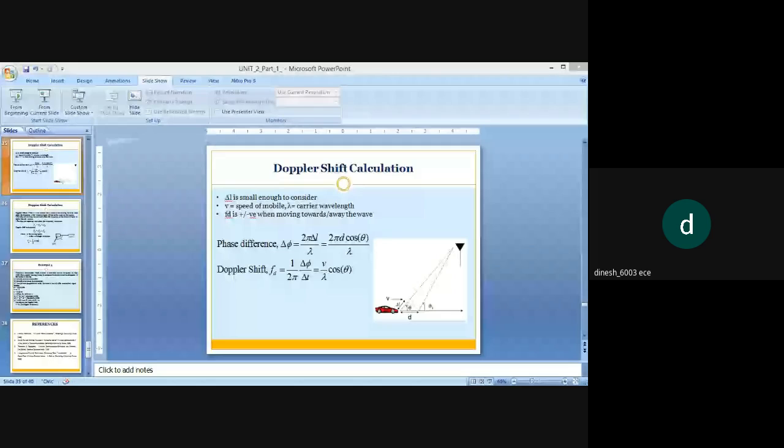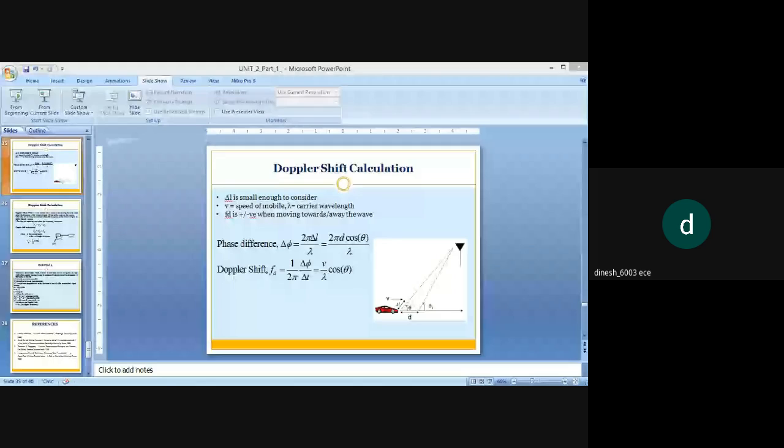Example: consider a transmitter which radiates a carrier frequency of 1850 megahertz, with a vehicle moving at 96 kilometers per hour. So V is equal to 96 kilometers per hour. Convert that to meters per second, because the velocity measurement is in meters.